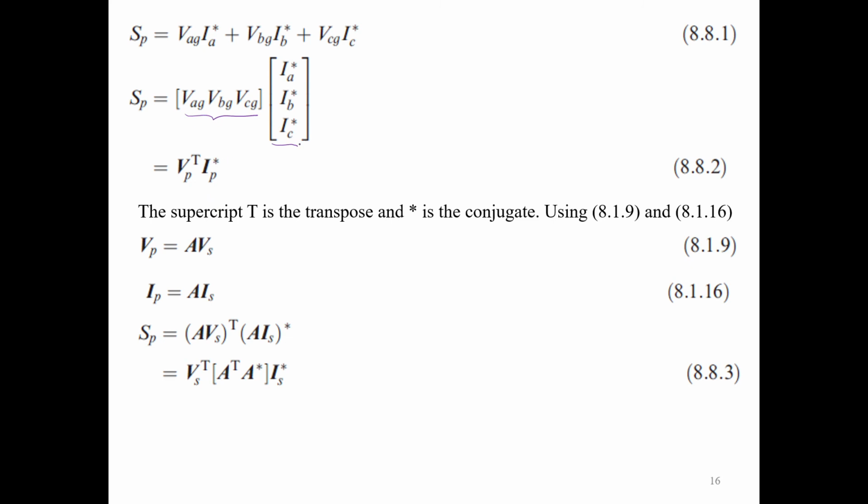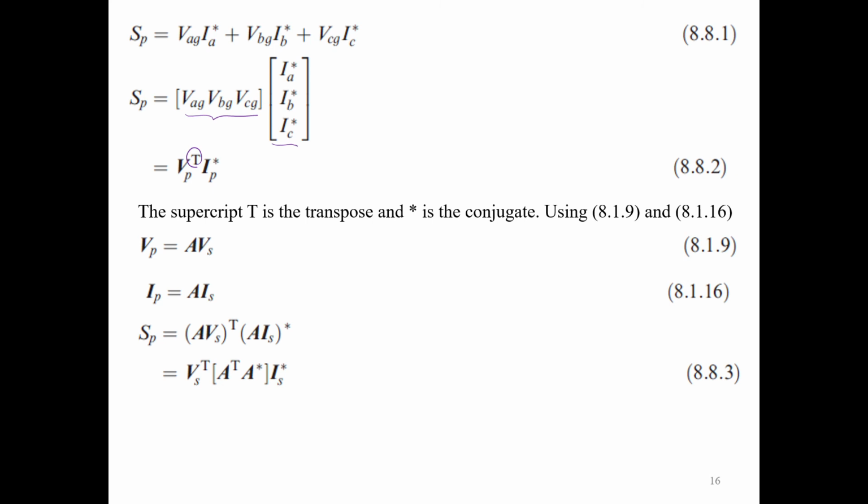We normally assume that the vector is a column vector, but if you want to express the row vector, you just put the transpose. So Vp transpose times conjugate of Ip.